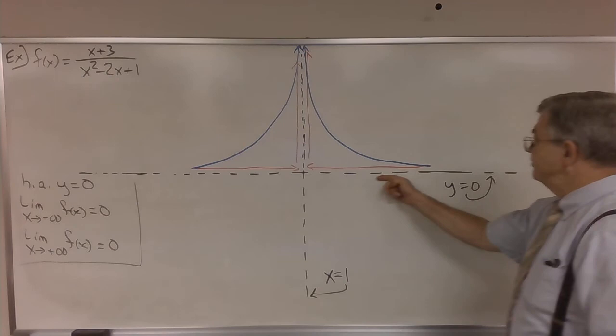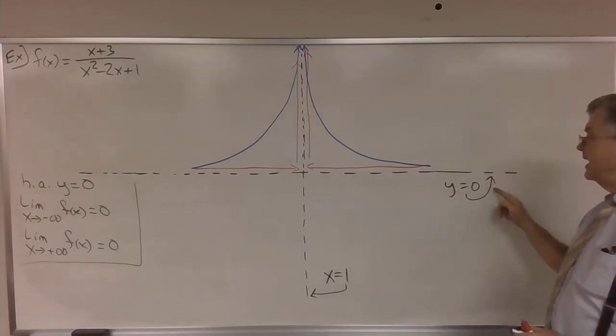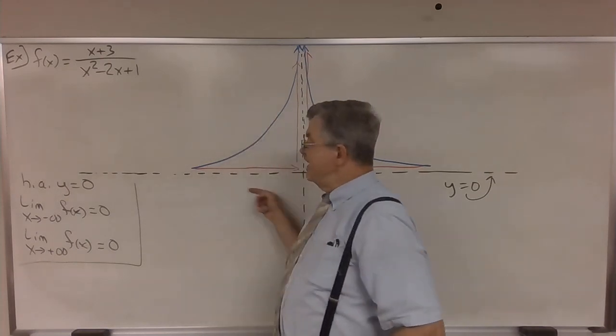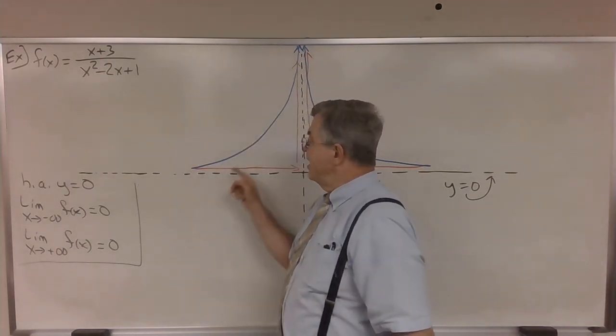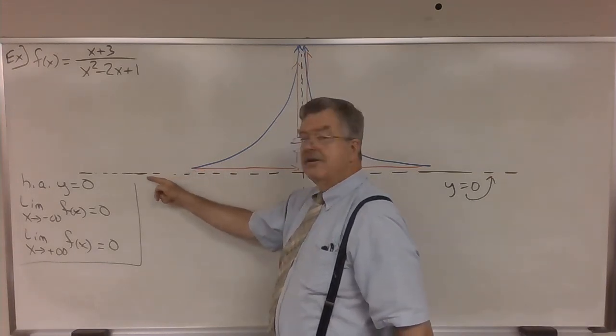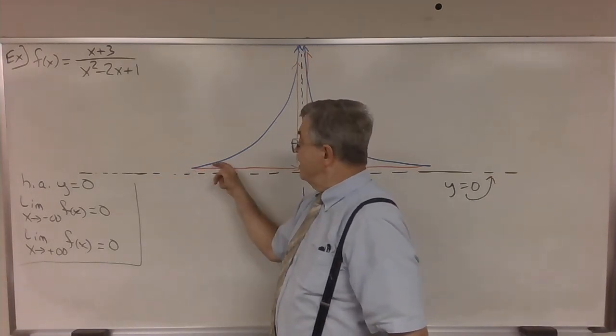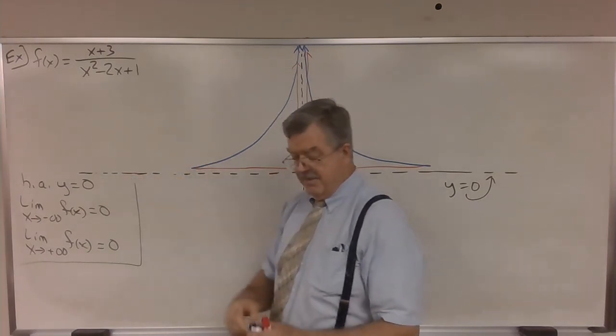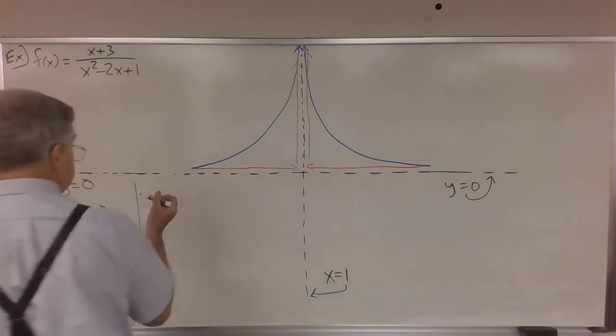And remember what this horizontal asymptote is? It's y equals 0. So as x approaches negative infinity, f of x, the y value, gets closer and closer to y equals 0. In other words, the graph is going to get closer and closer to this line, y equals 0.